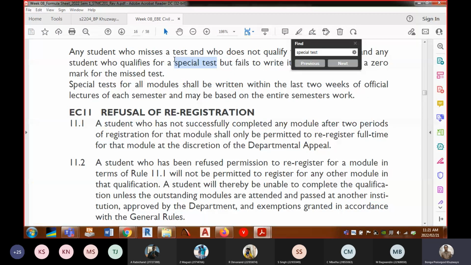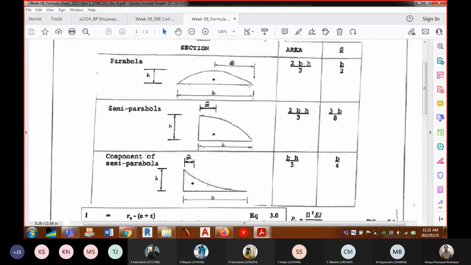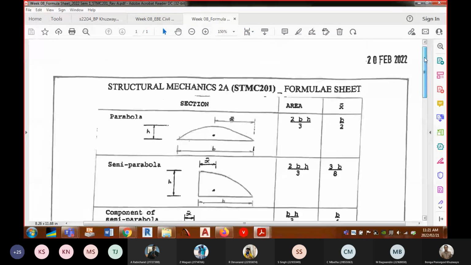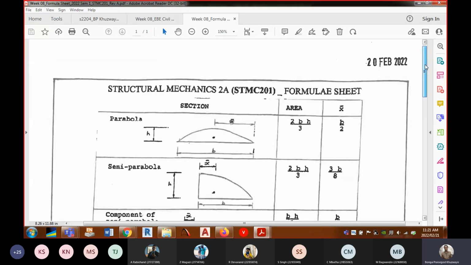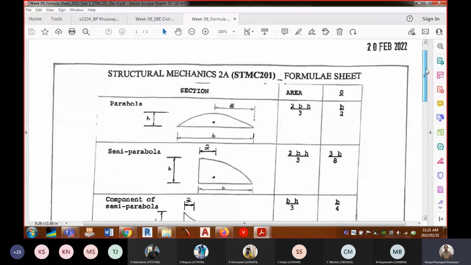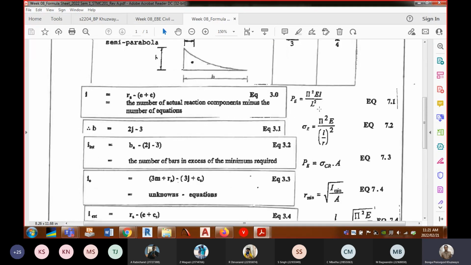Right, and then the next thing in this course, because all assessments will be written on campus. In this course, if you're going to need the formula sheet, I will provide it to you.